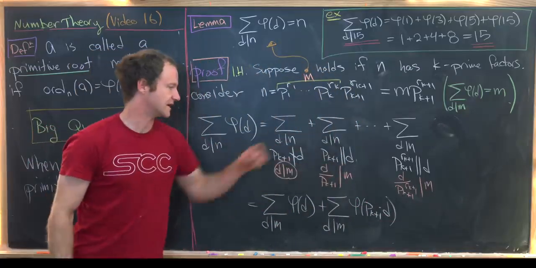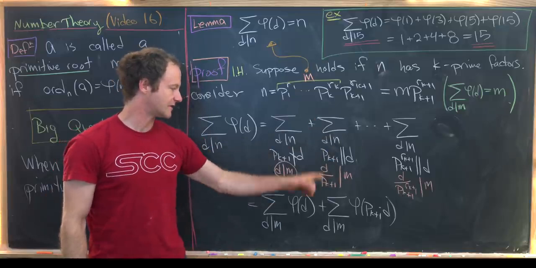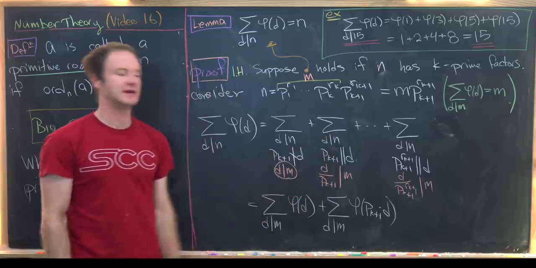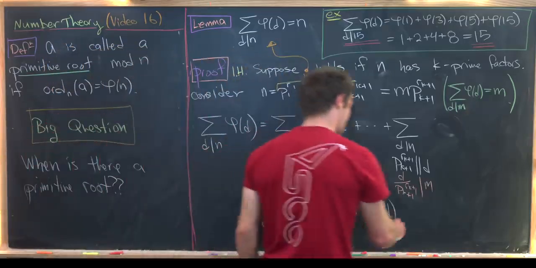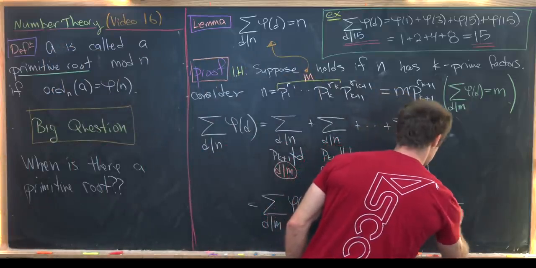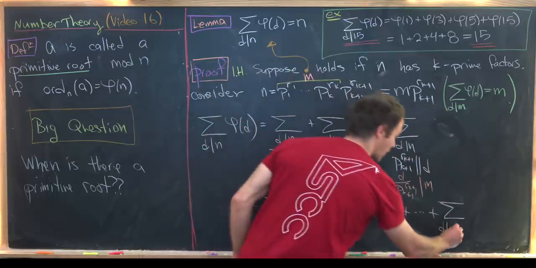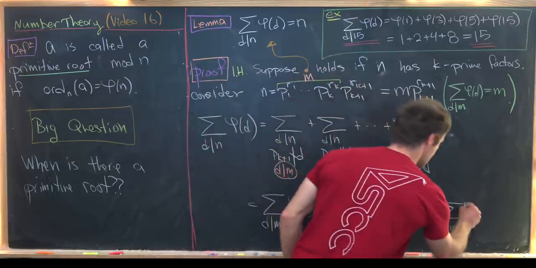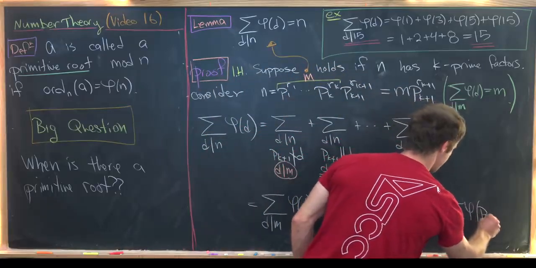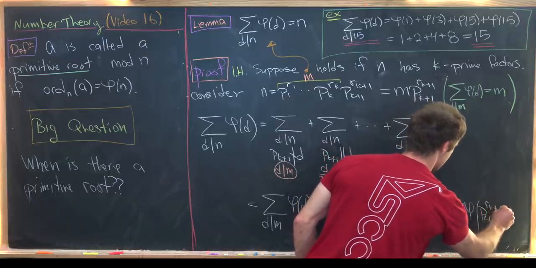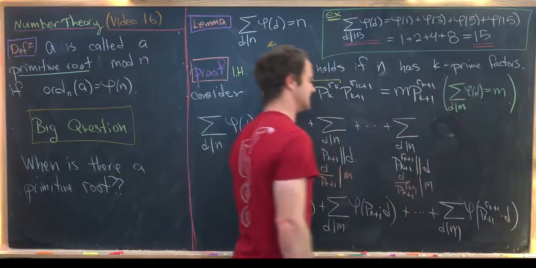So that would be like this. Notice that we have a divisor of m times p sub k plus 1. And then we're going to take that all the way up to our highest power of p sub k plus 1. So it's going to be the sum over all of the divisors of m of phi evaluated at p sub k plus 1 to the r sub k plus 1 times d.